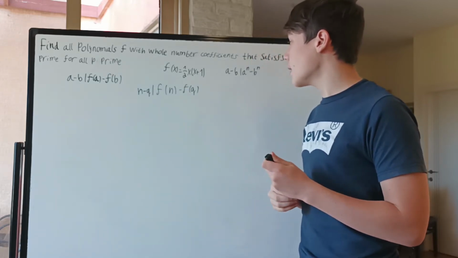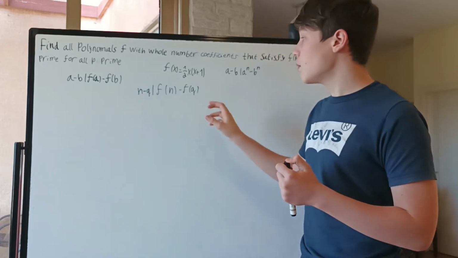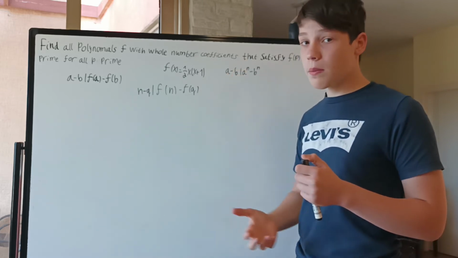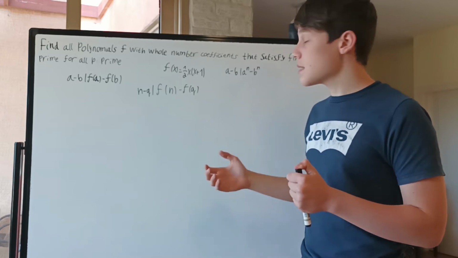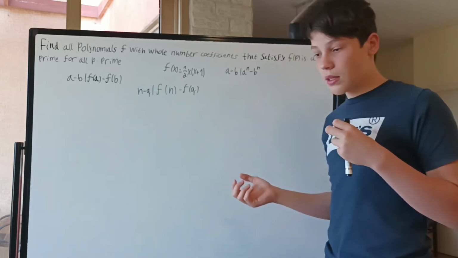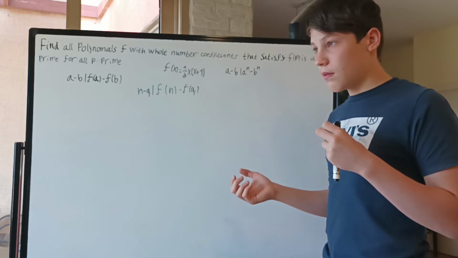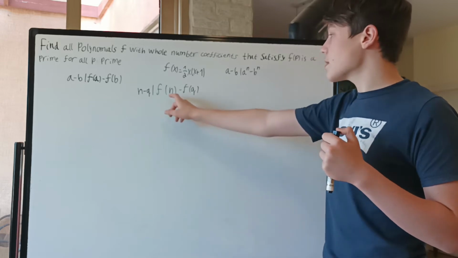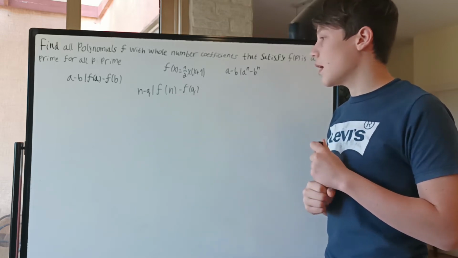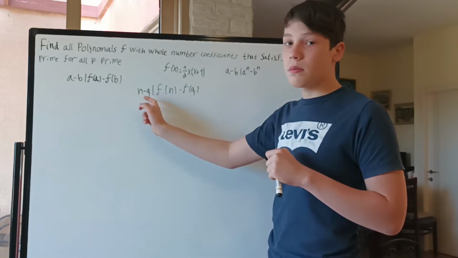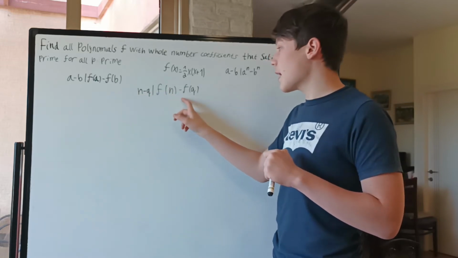But I want n to be a prime, and I want this thing to be divisible by f of q.